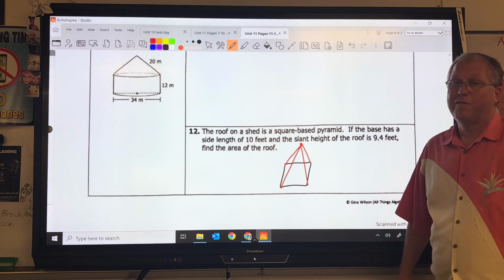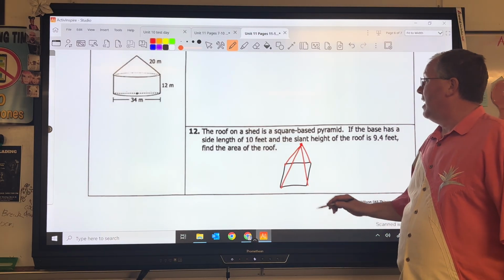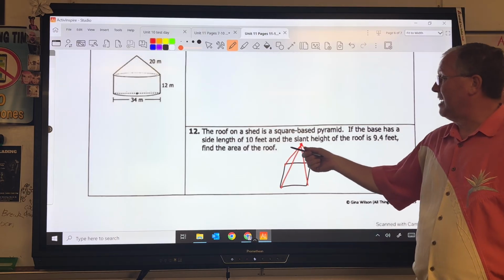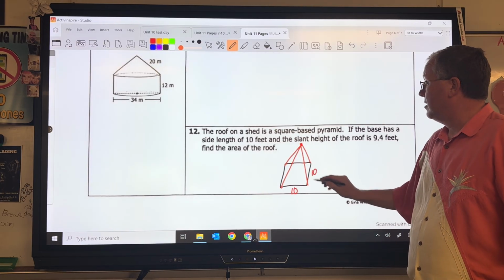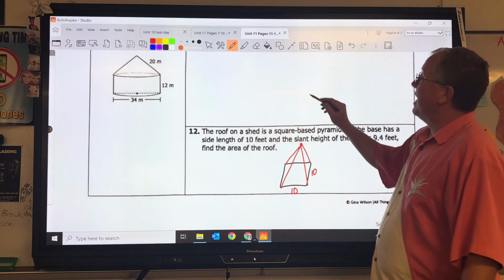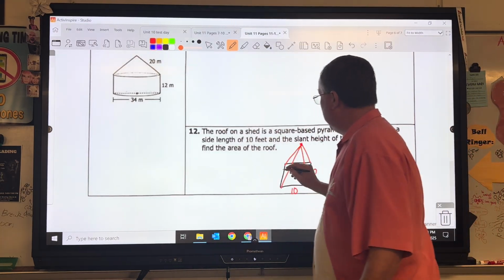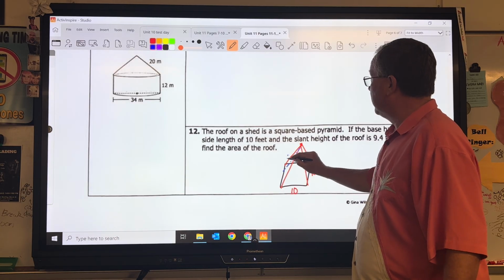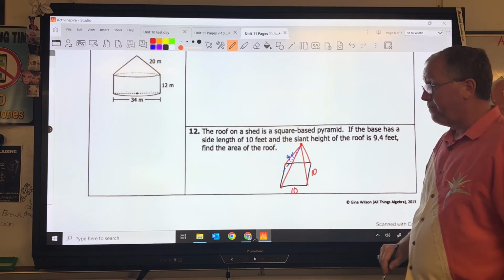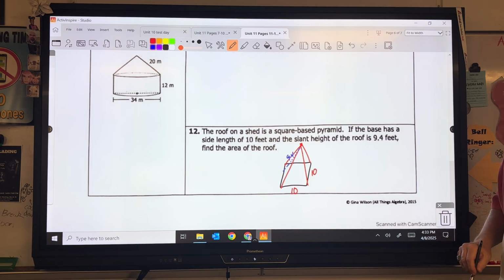Then you have yourself a pyramid. If the base has a side length of 10, remember, it's a square, so this is also 10. And I'm going to put in my slant height up the side right here: 9.4. They want you to find the area of the roof.